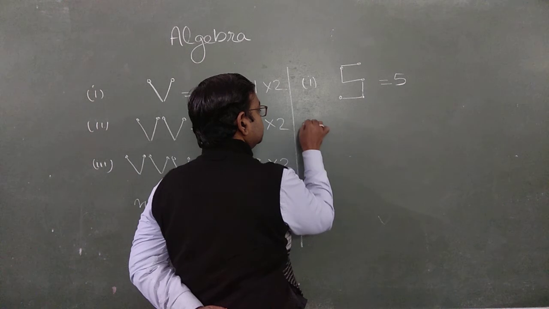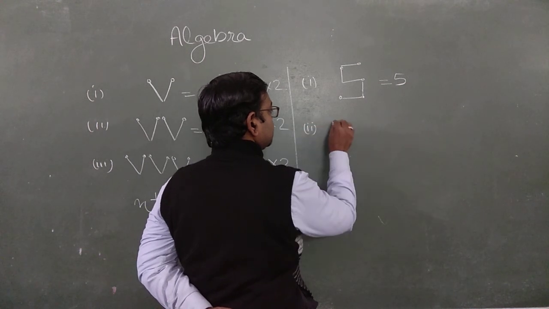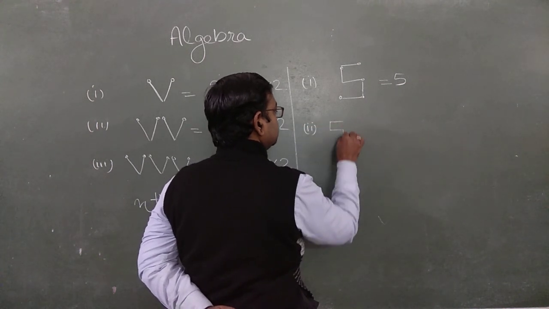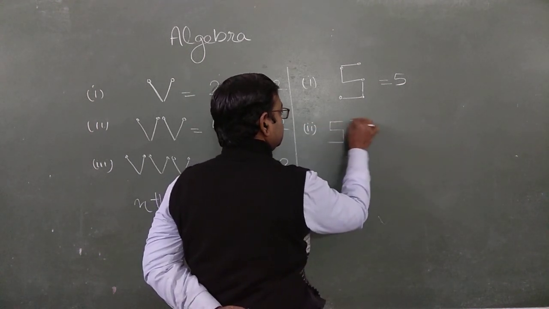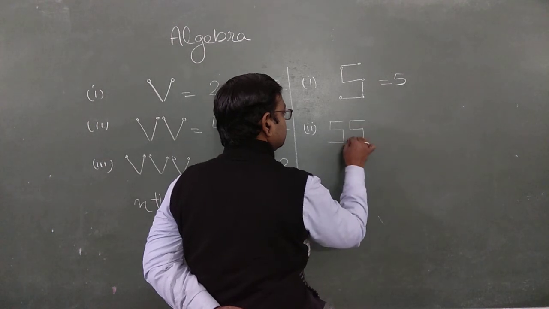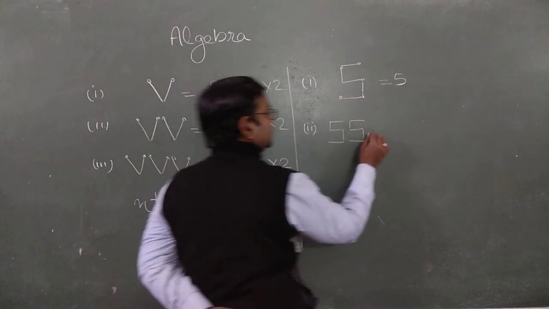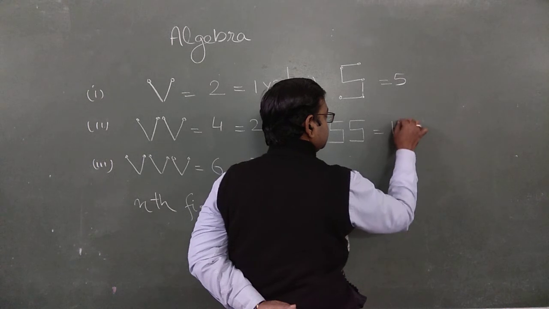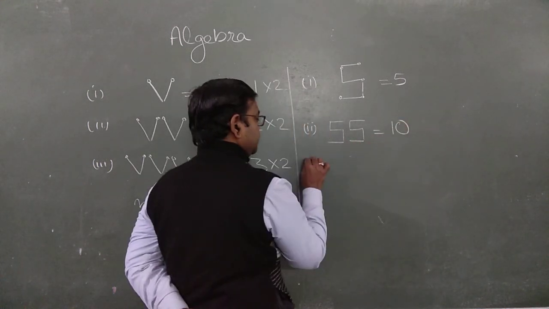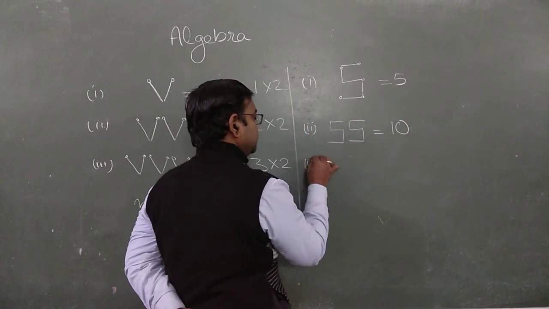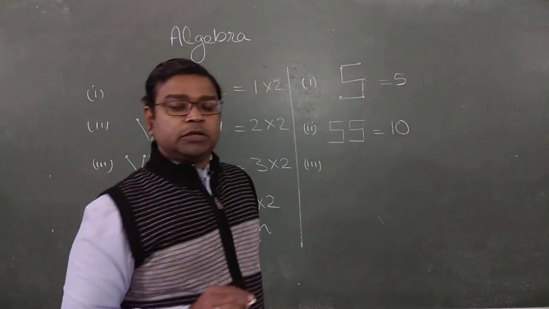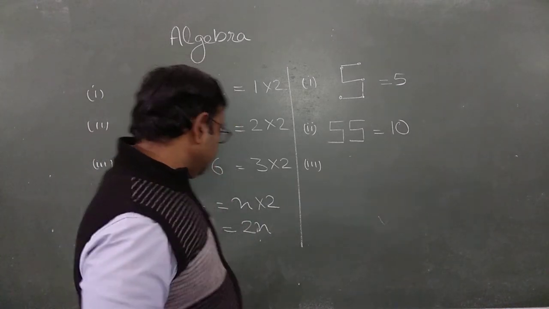In the second, again we make it. I'm not drawing these circles. It's 10, 5 plus 5, 10. Similarly in the third, we find at least 3 patterns so that you can easily give the formula or general term.